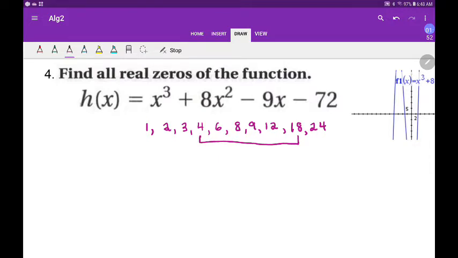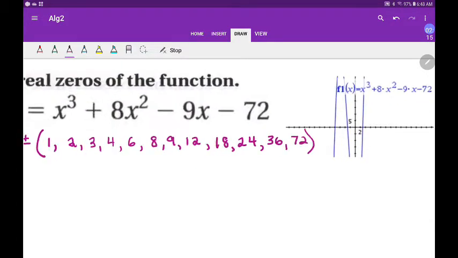It's 18 and 4 and 24 and 3. Okay, and that is 72. And then what goes with 2? Well, 36. And what goes with 1? Well, 72. So they're all plus or minus, by the way. All of them are plus and minus.